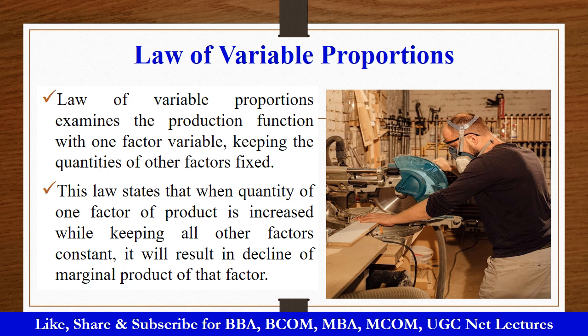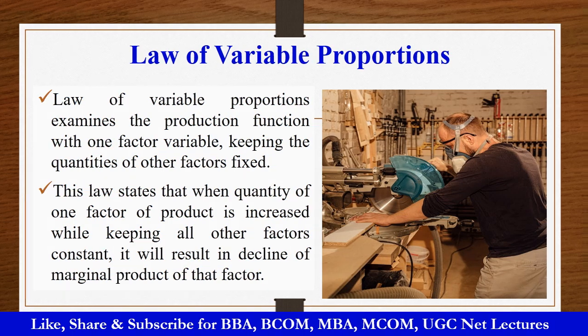The law of variable proportion states that when quantity of one factor of production is increased while keeping all the other factors constant, it will result in decline of the marginal product of that factor. We will discuss this in detail.